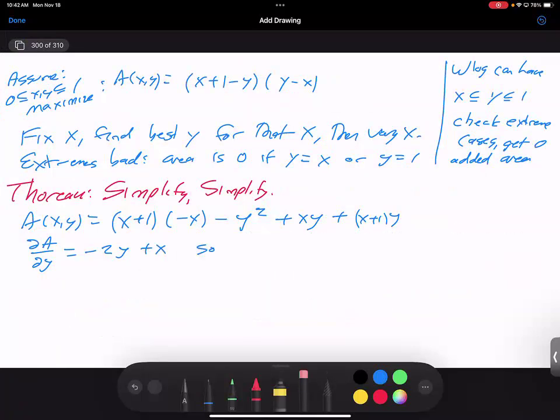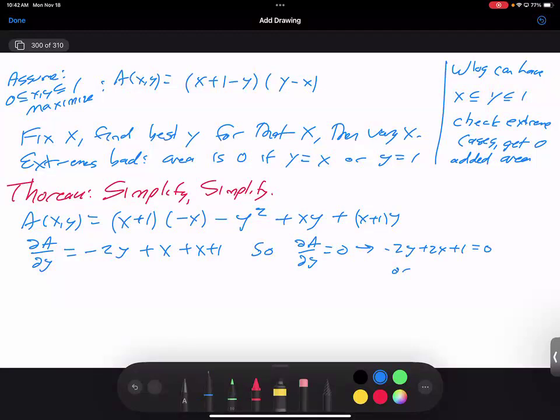Okay. So then good. So now when we take the derivative, we get negative 2y plus x plus 1. So dA/dy equals 0 implies negative 2y plus 2x plus 1 equals 0, or y equals 2x plus 1 over 2, which is x plus 1/2.